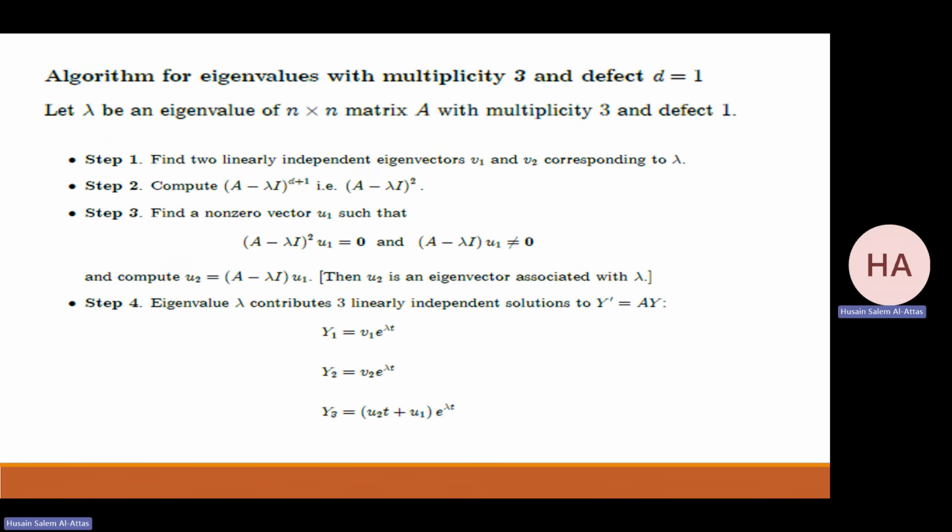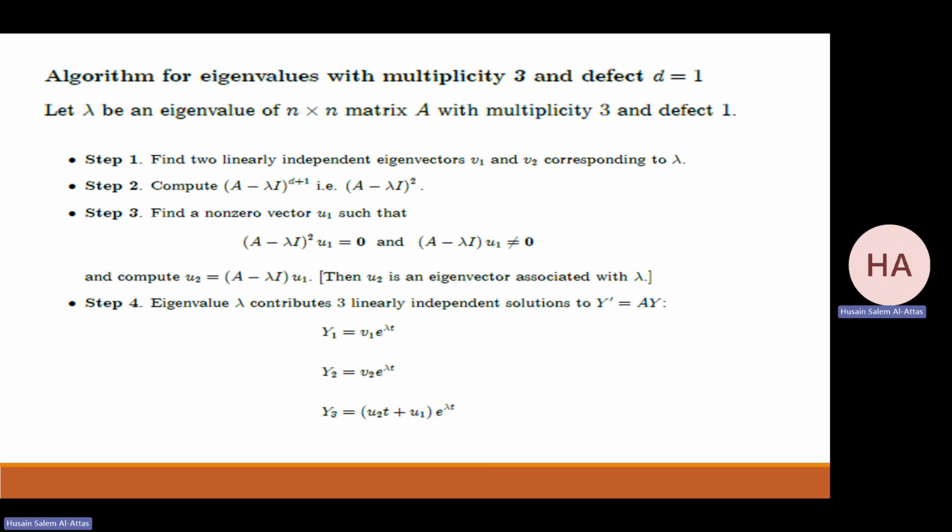The next one is this case. Let me do one example at least, so I have all the three cases. Eigenvalues with multiplicity 3, and defect is 1. So how many eigenvectors do I have?